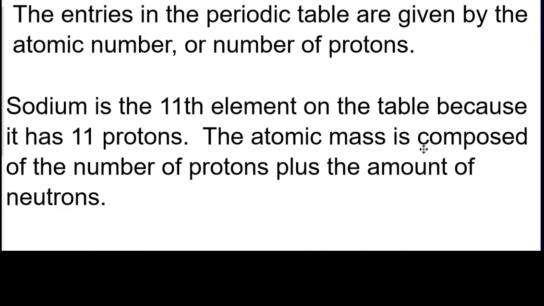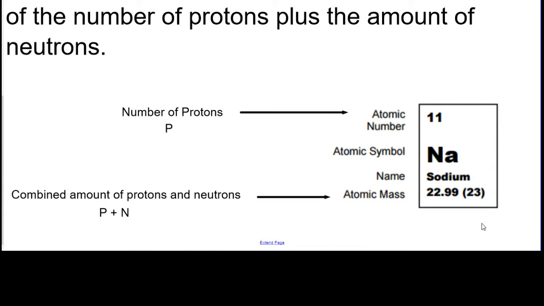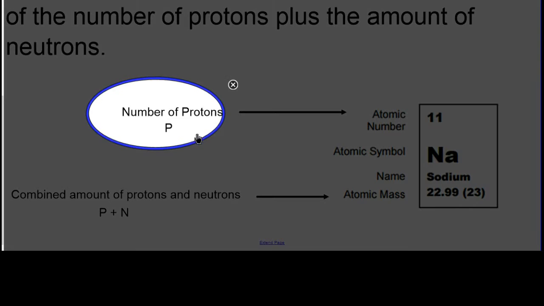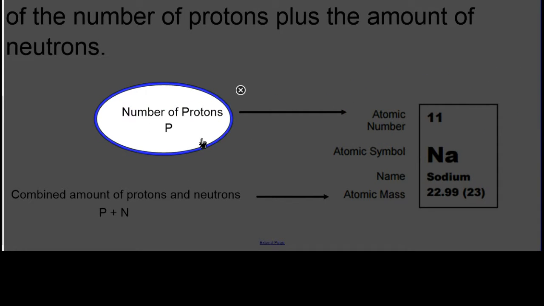The atomic mass is composed of the number of protons plus the number of neutrons. So what I mean by that is, here we have an example of a cell. In the left-hand corner typically you'll find the atomic number. That's just equal to the number of protons.